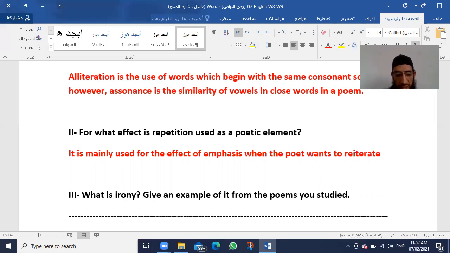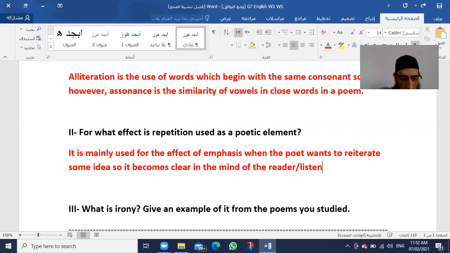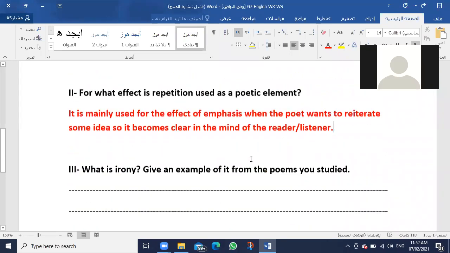When the poet wants to reiterate some idea, so it becomes clear in the mind of the reader or listener. Okay, guys? Okay. Thank you very much.